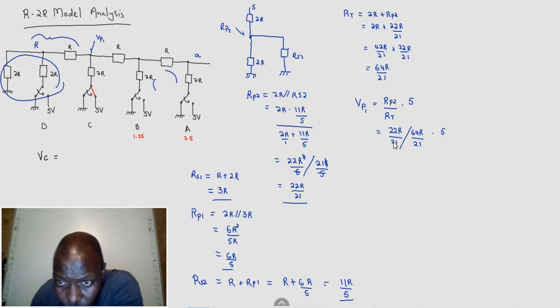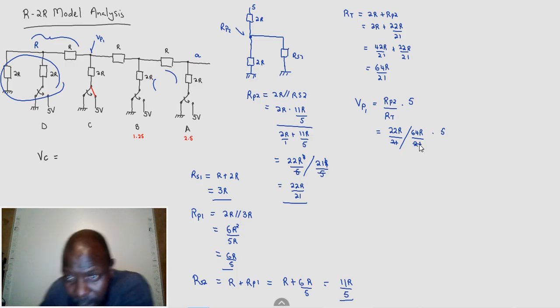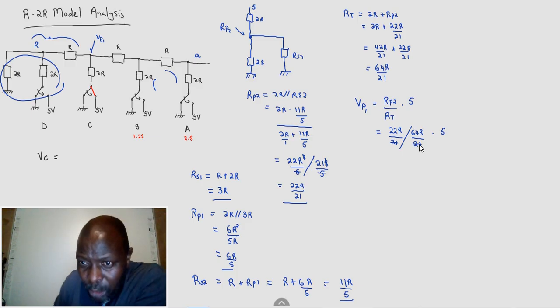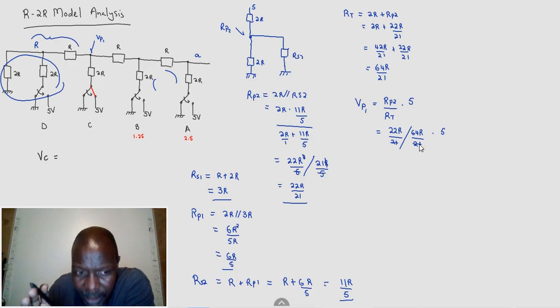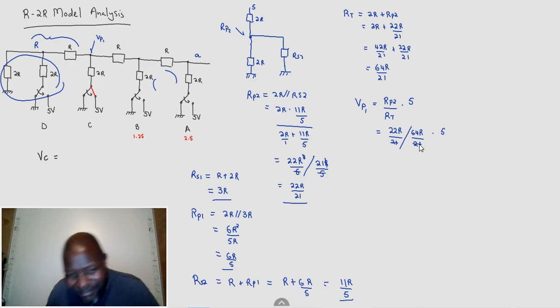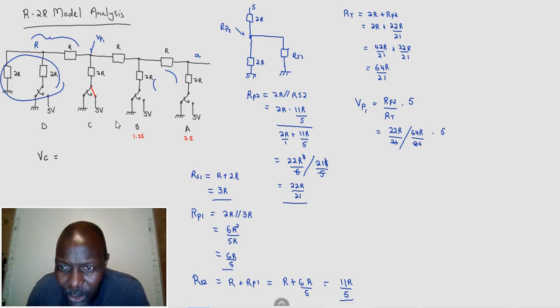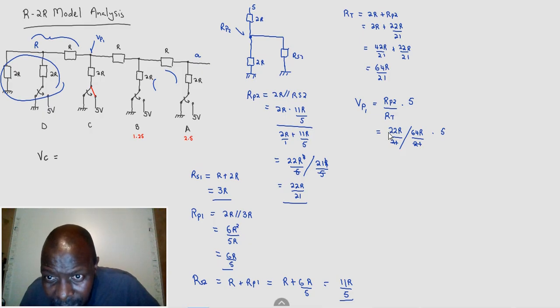The numerator is a fraction and the denominator is a fraction, and 21 is common as a denominator for both, so it falls out. Now this can be resolved to 11. The R falls away, R over R. All I did was divide by 2. There is 11, and divide by 2 there, that's 32.